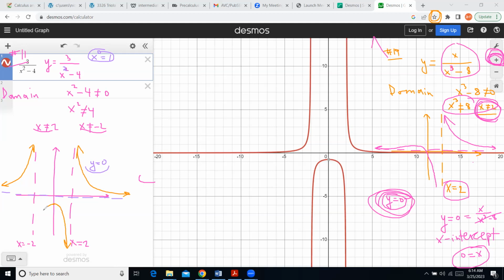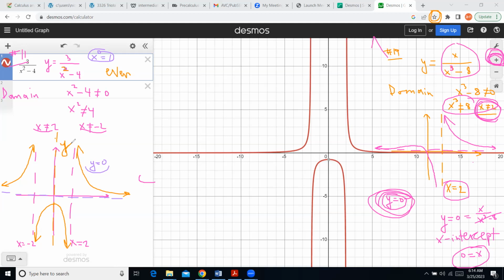In fact, notice that this graph is symmetric through the y-axis, right? And it's symmetric because I can see only power of 2, or an even function. Even power means it's an even function, and even functions are always symmetric with respect to the y-axis. So that's kind of nice to know, right?